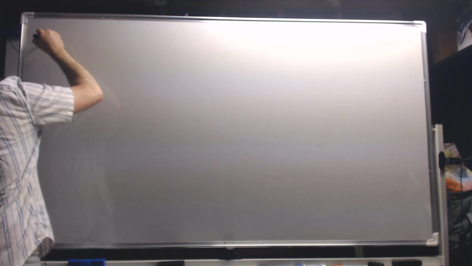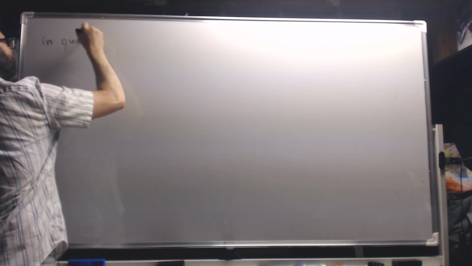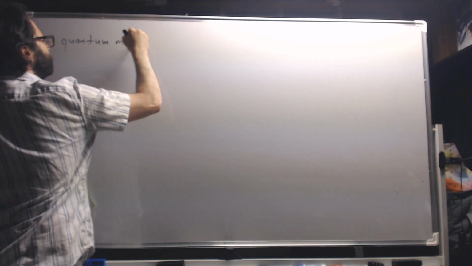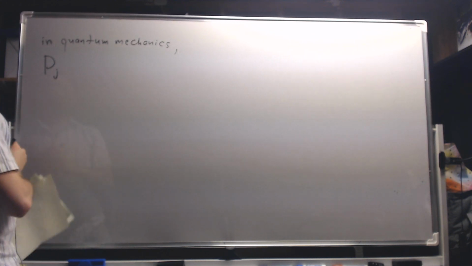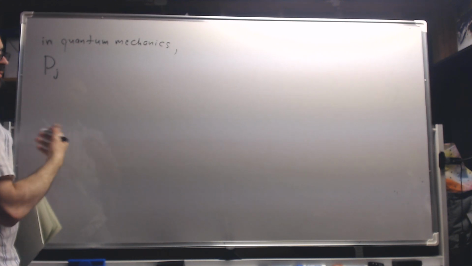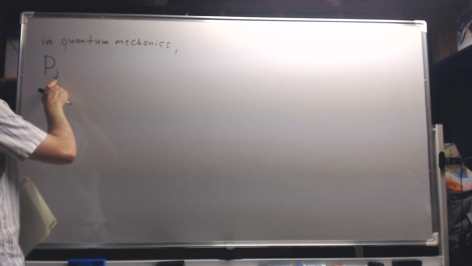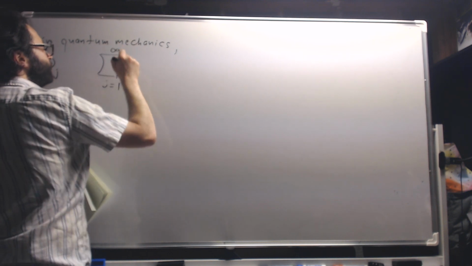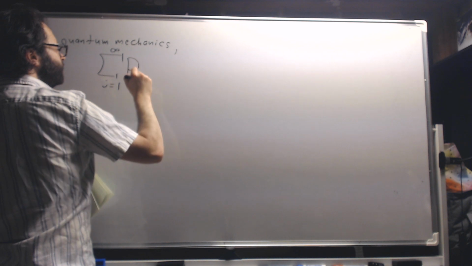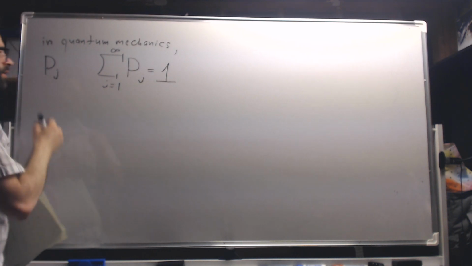In quantum mechanics, we had a probability to be in some microstate J. The system could be found in any one of its possible microstates J, but J was a discrete index. And we had a normalization condition that said the sum over all possible values of J, where J labels the microstate, of these probability values. If they are true probabilities, they will be normalized.